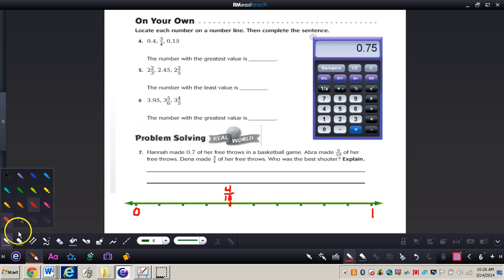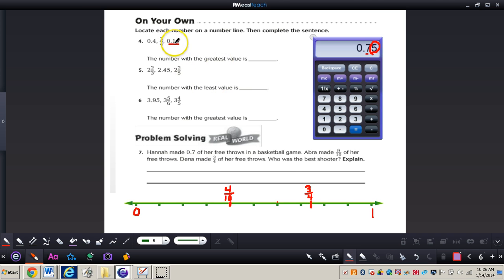Now, if we have 75 hundredths, first of all, that's 7/10, and then the 5 shows it's going to be between the 7/10 and 8/10 mark. So if this is 4/10, this will be 5/10, 6/10, 7/10, 8/10. So that's going to fall right in between that. So 3/4.